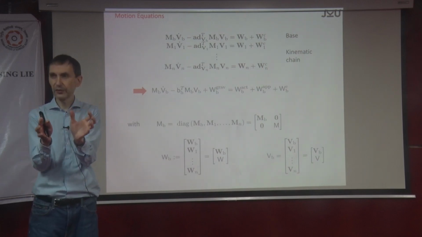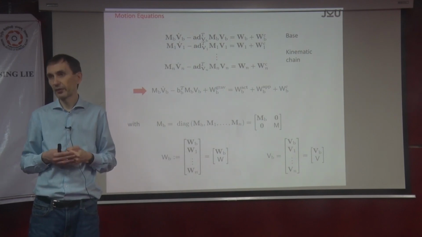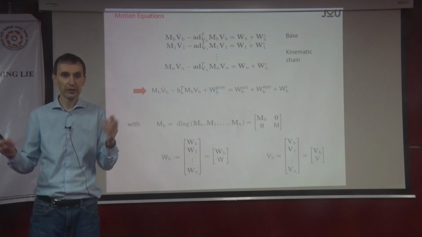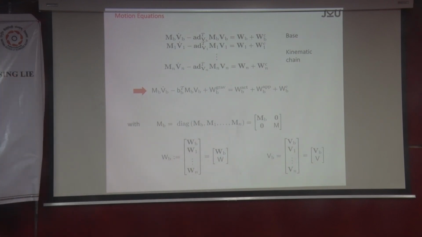You have your links of your system, and then you have to identify the mass parameters and the inertia moments. If you have a CAD system, then you get it from the CAD system. Otherwise, when you have a body and you have your links, you have to somehow measure them.